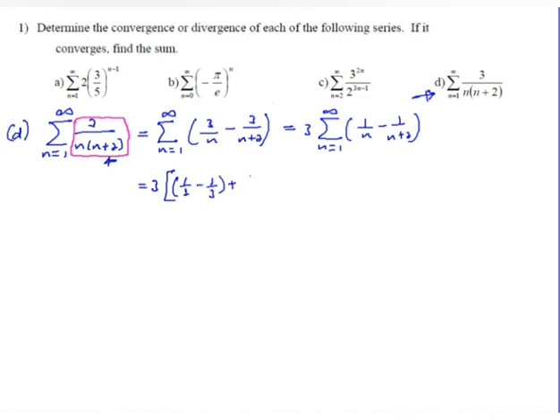The second term is 1 over 2 minus 1 over 4. The third term is 1 over 3 minus 1 over 5, and it continues. 1 over 4 minus 1 over 6, and so on.